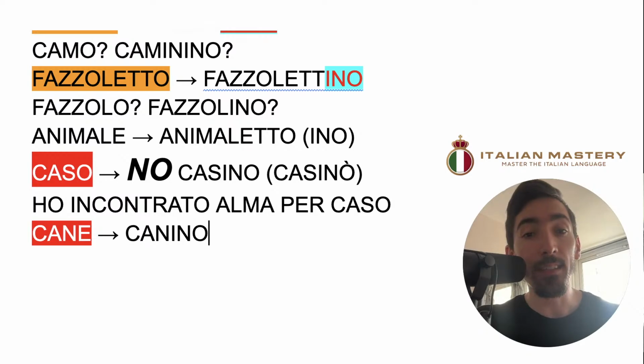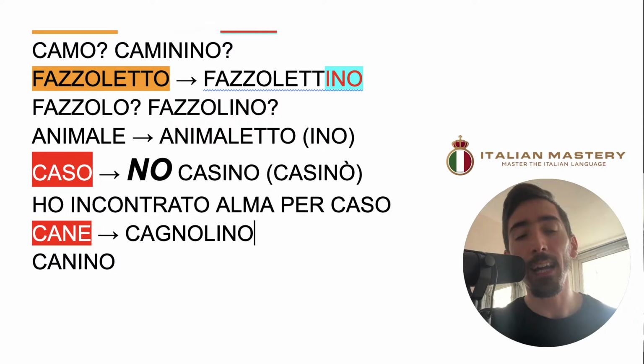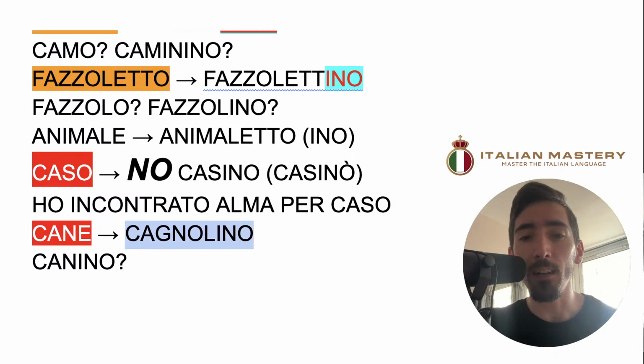And this means that we have a problem. So, because cane is such a common word, there is another form that is used, and that is cagnolino. Again, this is very difficult to imagine if someone doesn't know already. So for certain words and for specific words that people use all the time, people have created different forms of the word that have the same effect.